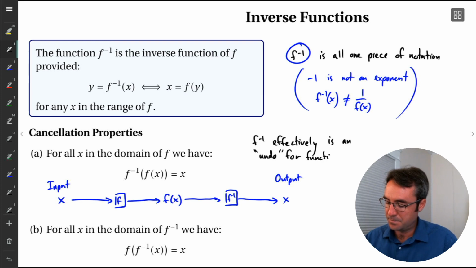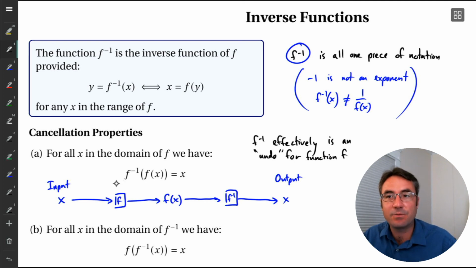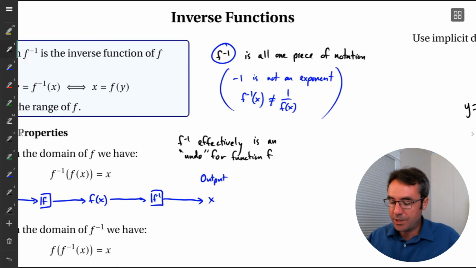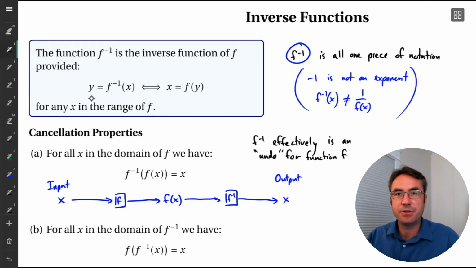Or you can think of it as just cancelling out. If you had function f, it's the function that allows you to cancel off that function f. We're going to use this definition in how we prove the derivative of our inverse trig functions.